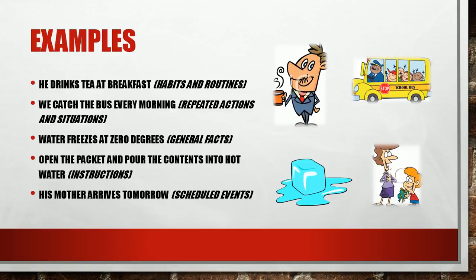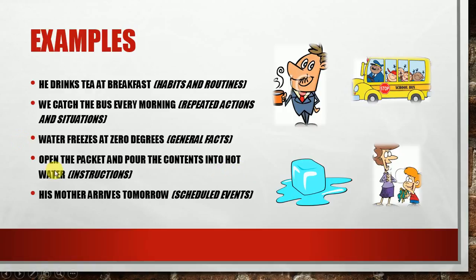So this is a general fact that usually happens, and this is a way of expressing such facts, right? For example, that water boils at 100 degrees as well, or things like that. All these facts are usually true, right? So this is another use of the simple present tense.